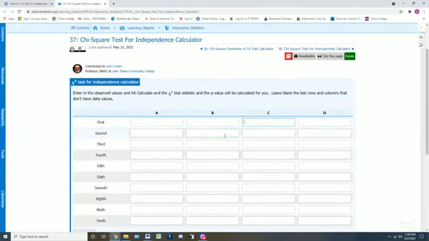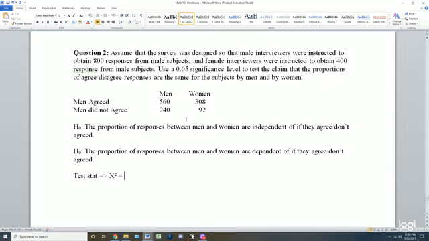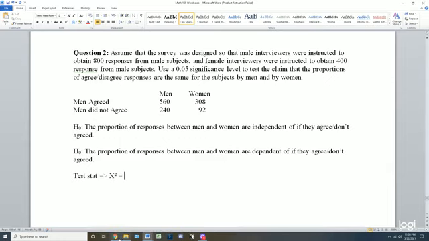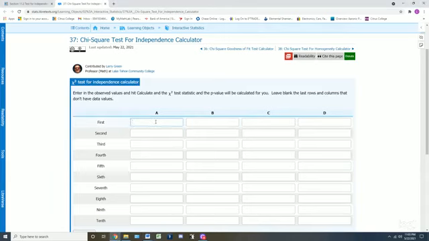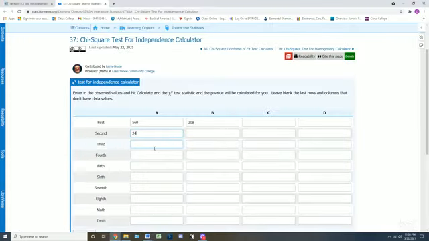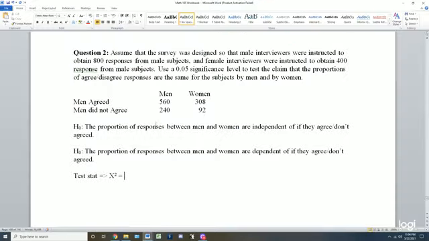Then let's plug in our values: 560, 308, 240, 92. I think that's it. Okay.